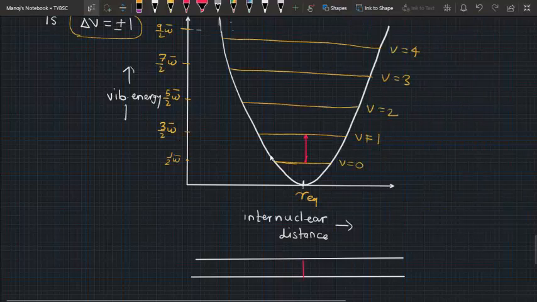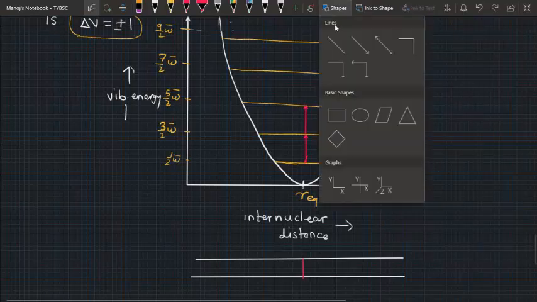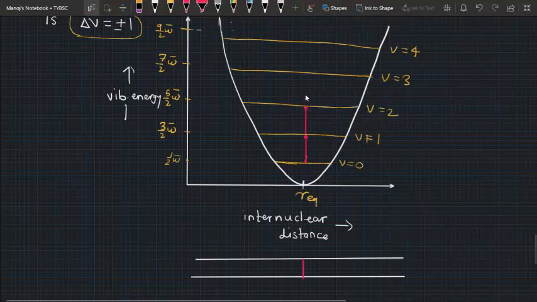Now let us assume that the molecule's vibrational energy level increases by again 1 unit. Then this vibrational transition will be here, and I will get the same line. Why are we moving 1 unit by 1 unit? Because our selection rule is delta v equal to plus minus 1.